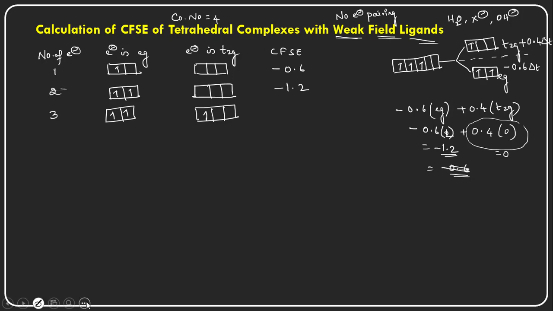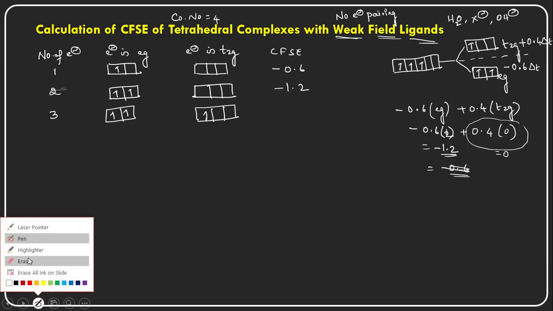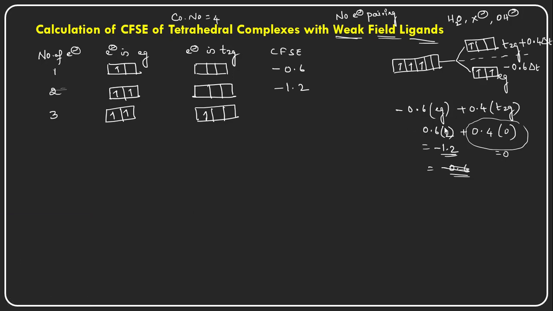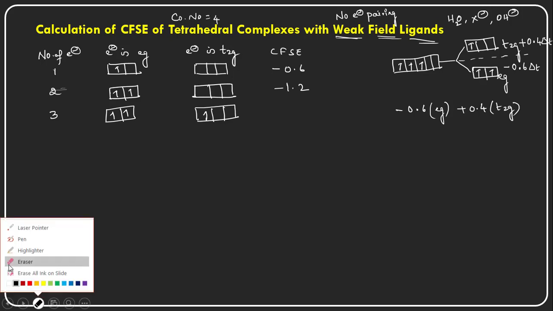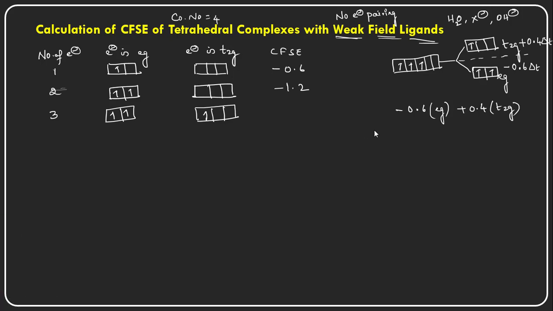So what will be the crystal field stabilization energy now? Let's calculate. Minus 0.6 into 2 electrons present in the Eg orbitals, plus 0.4 into 1 electron present.